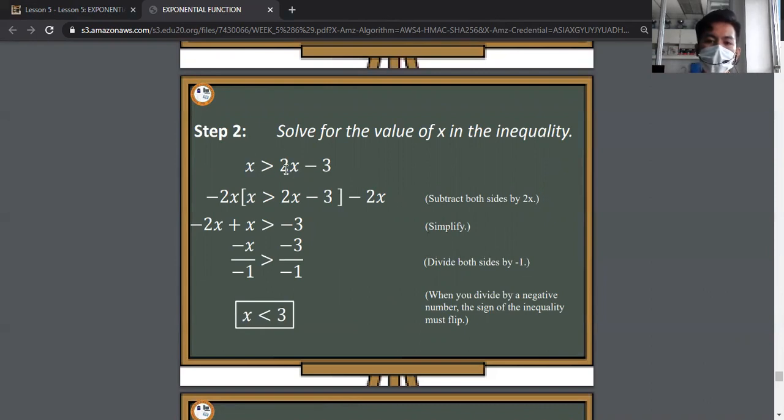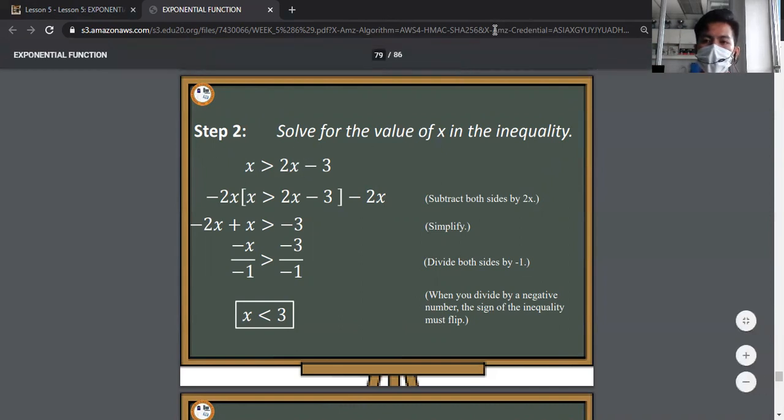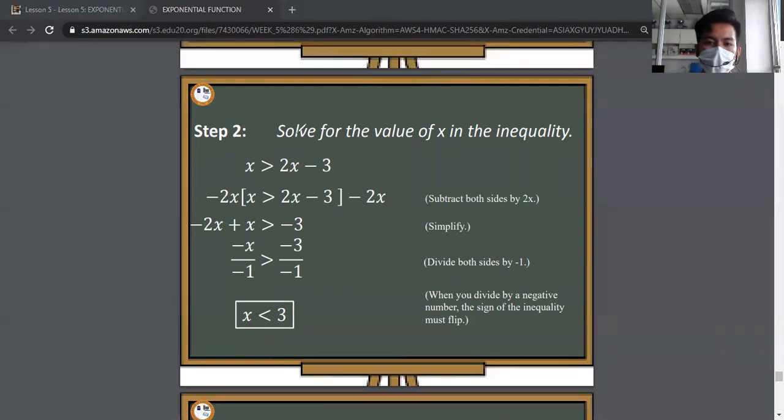Then, we need to transpose 2x sa kabila magiging positive ay magiging negative 2x. Lagay ko po para makita nyo po. So, positive 2x minus 2x.